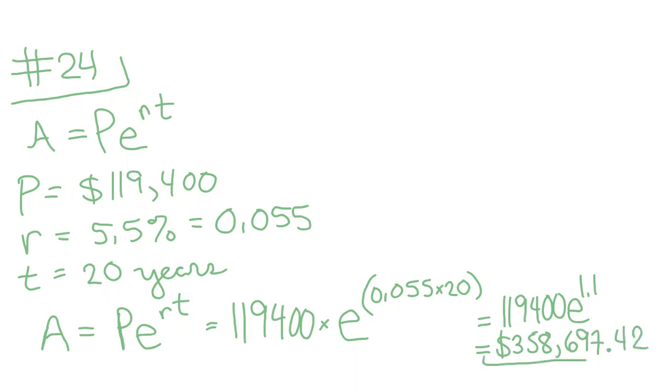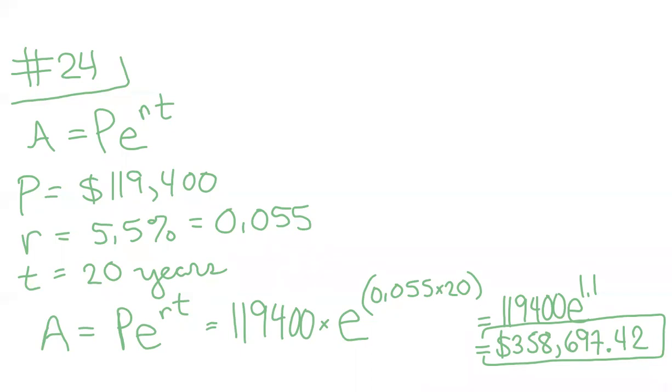So compounding continuously right now and now and now and now for 20 years will, let's see, more than double our money, right? That's pretty decent. I wouldn't mind that bank account.